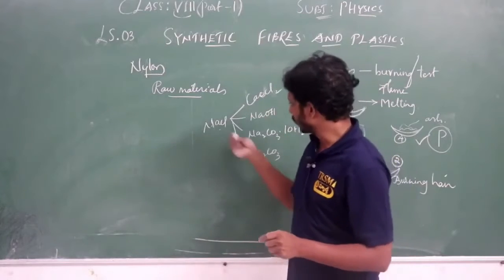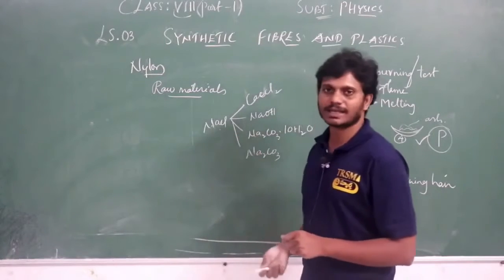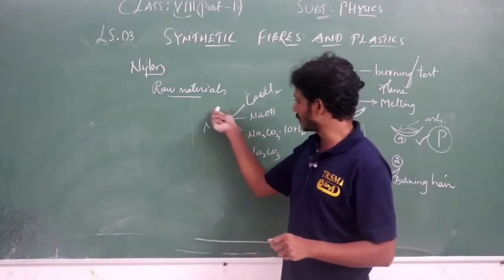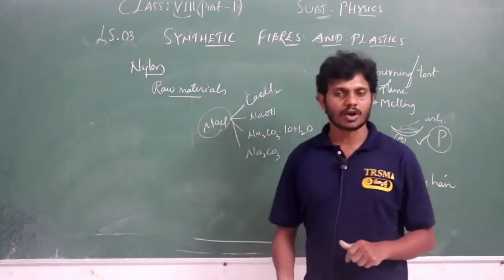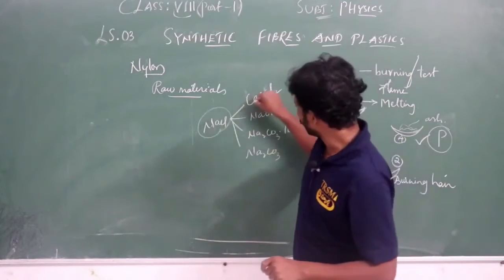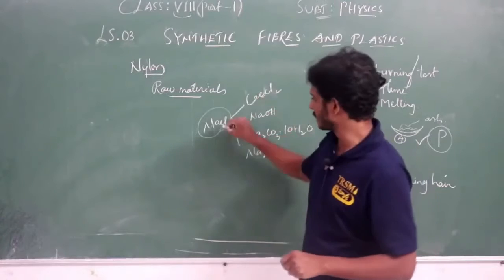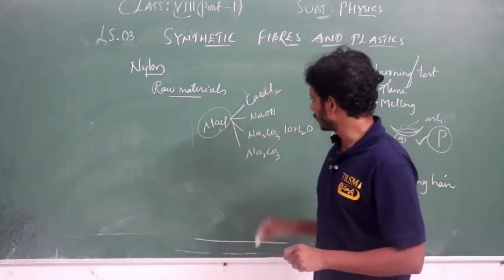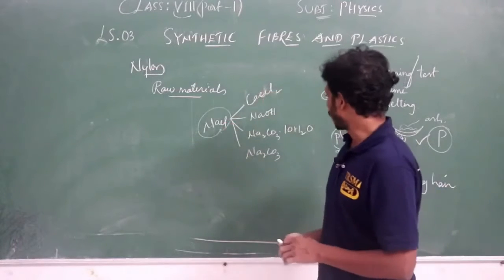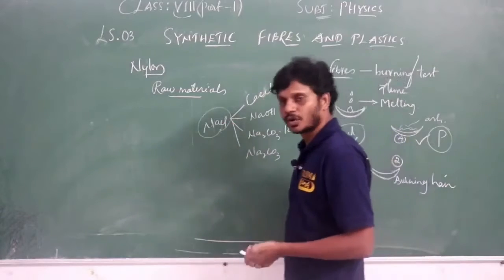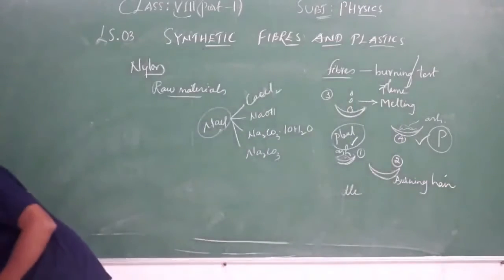So all this can be produced from this NaCl, so it is said to be a raw material for bleaching powder, sodium hydroxide, washing soda and baking soda.